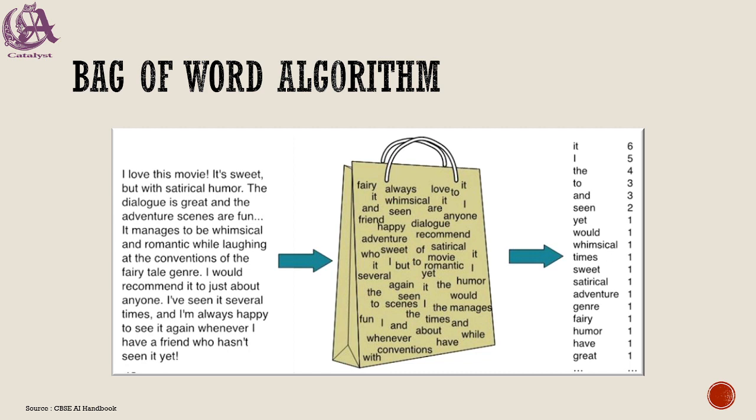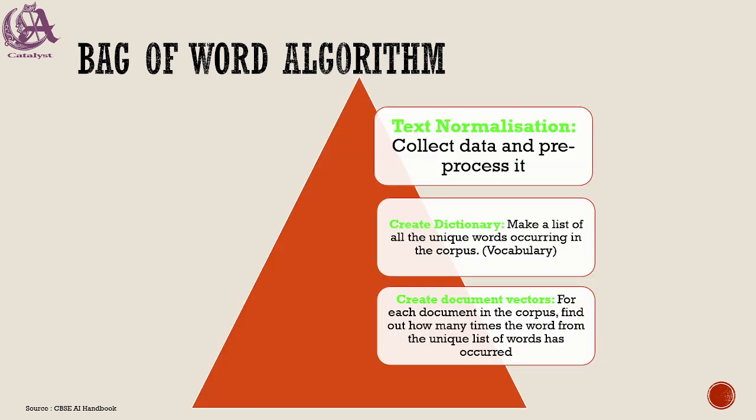Now, the whole thing which we just saw, starting from your corpus to the tokenization, the tokens being created, and now the tokens being numerically counted, works under an algorithm called the bag of words algorithm. In the bag of words algorithm, let's see what the steps are.